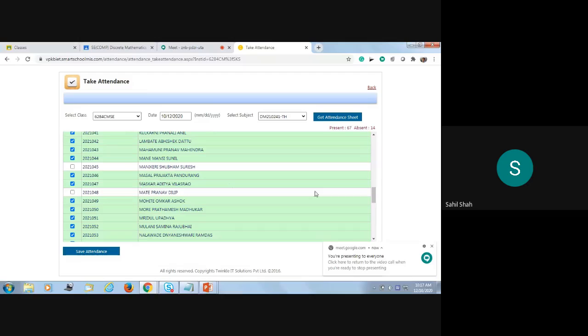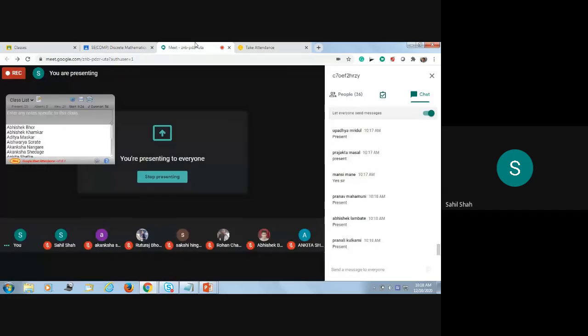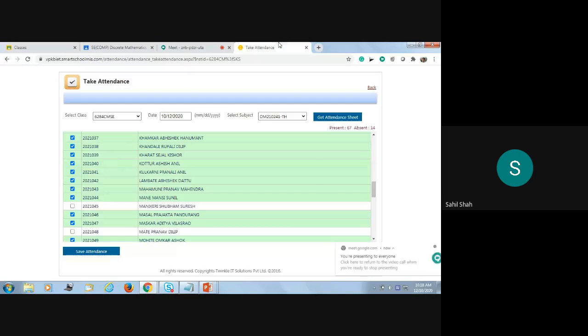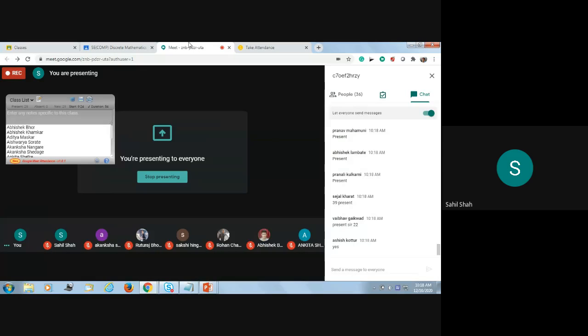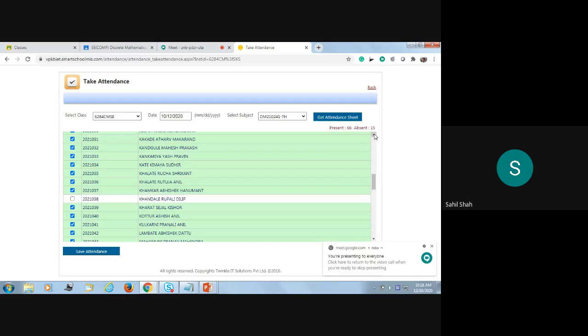Next. Mahamuni Pranav, Lambate Abhishek, Kulkarni Pranali. Pranali Kulkarni, Lambate Abhishek is present. Pranav Mahamuni is also present. Pottur Ashish, Kharat Sejal, Amkar Abhishek. Vaibhav Gaikwad, I know you are present, but you have to be there till your attendance is over.